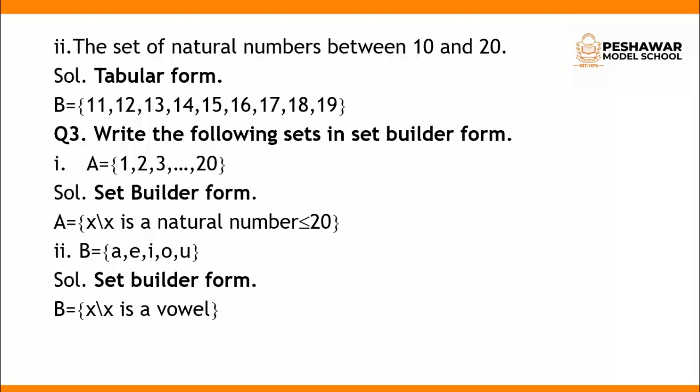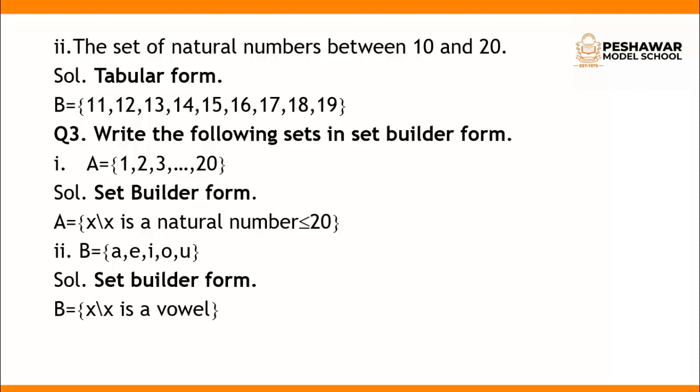Now come to our second part. B is equal to a, e, i, o, u. Again you have to convert this set into set builder form. You give the heading set builder form. The set name is capital B equal to x such that x is a vowel. These are vowels, so we write x such that x is a vowel.